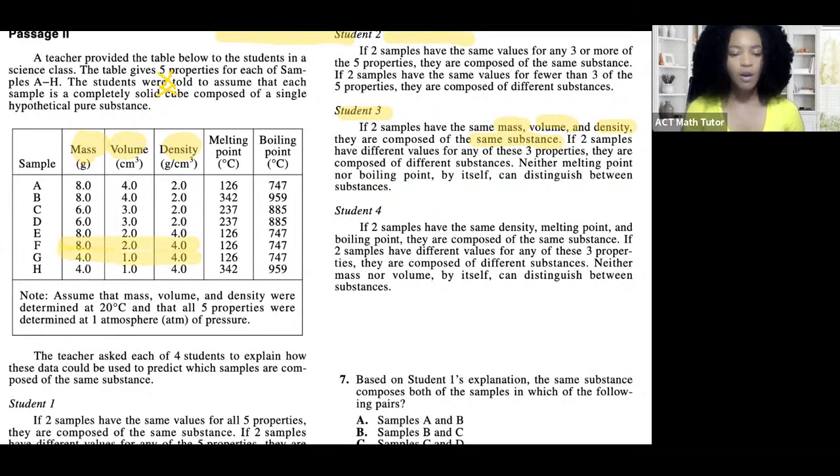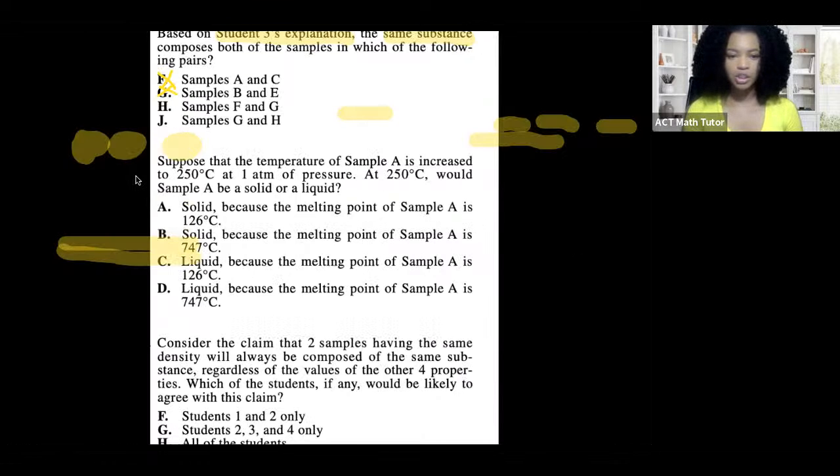So I've eliminated all of the incorrect answers, and therefore the answer is the last one, which is J. Okay, and if you need proof, we can go back and look, samples G and H, we can prove to ourselves that that is the correct answer.